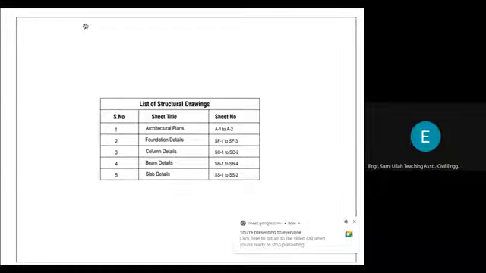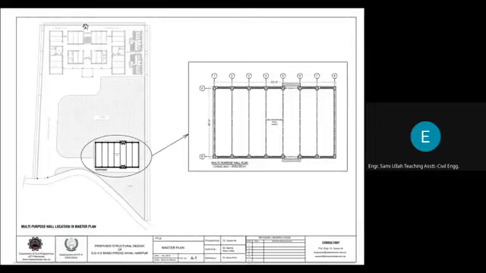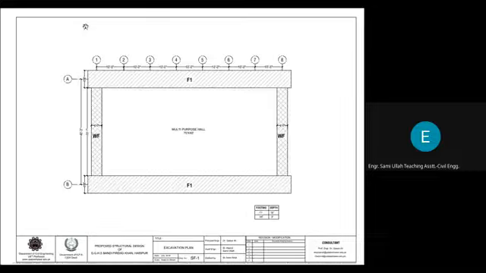This is the excavation plan, foundation plan. In this case, we have provided a continuous foundation instead of isolated foundation, because the columns are closely placed given the bearing capacity, such that the two isolated column footings were meeting each other. So instead of providing them separately, we provided a continuous footing like this.